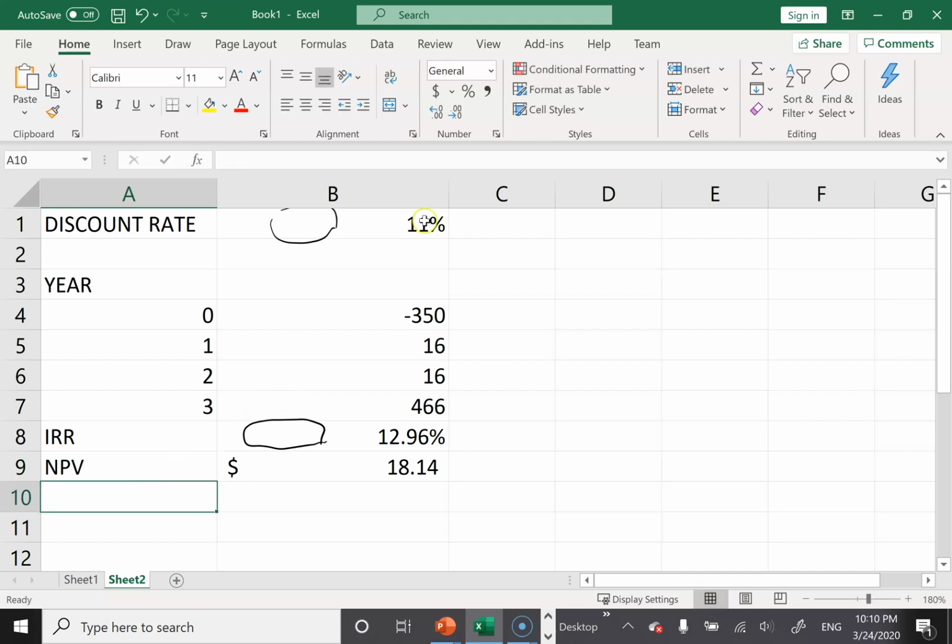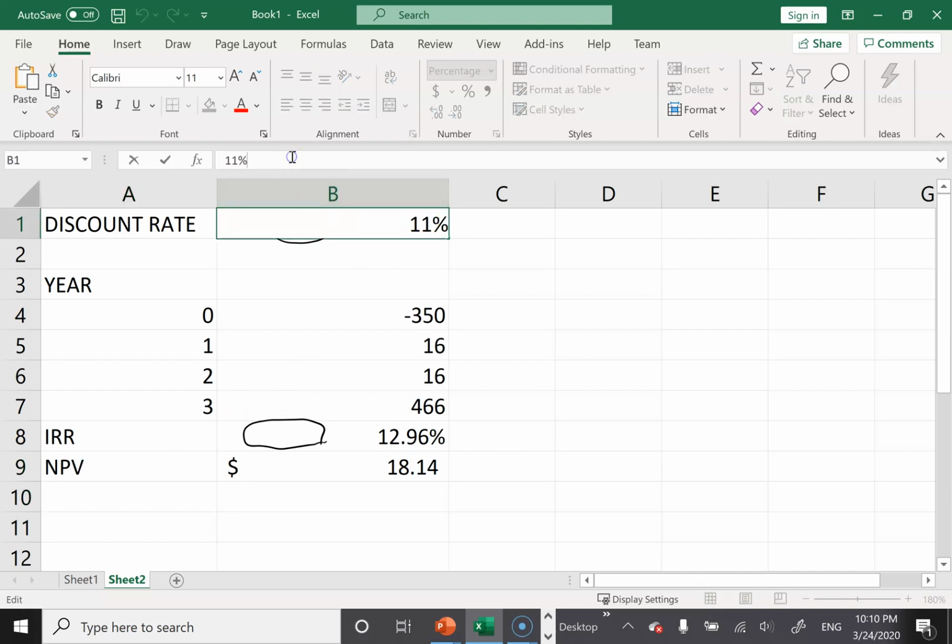And you can also see that when the discount rate is equal to the internal rate of return, the net present value is equal to 0. So the internal rate of return is the value of R that makes the net present value equal to 0.